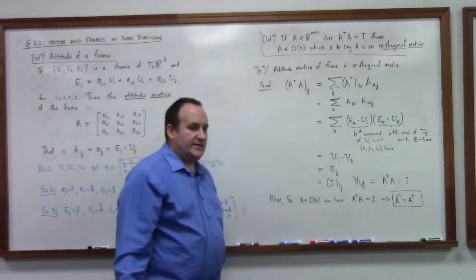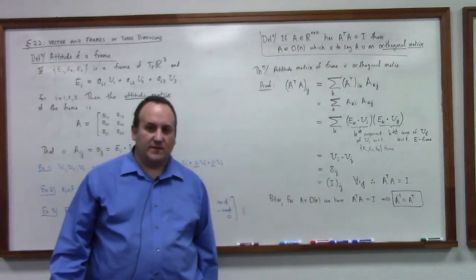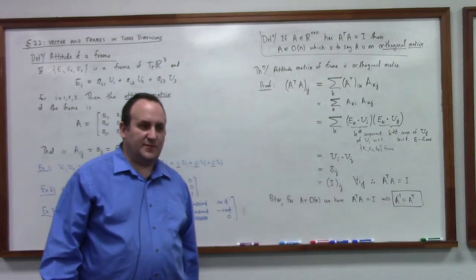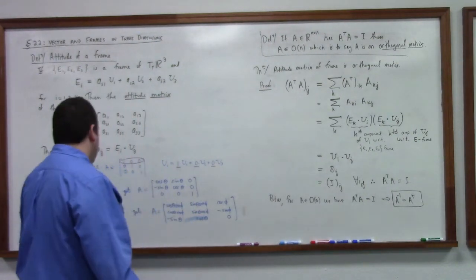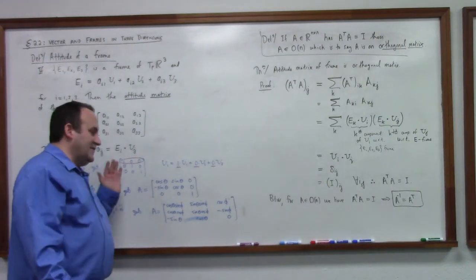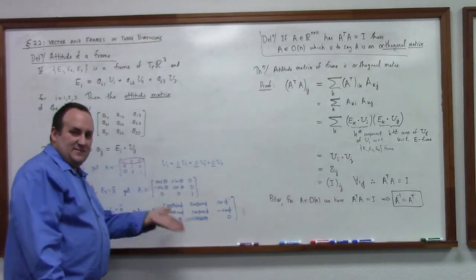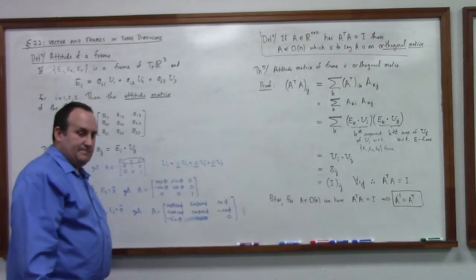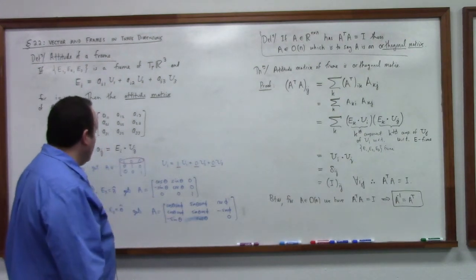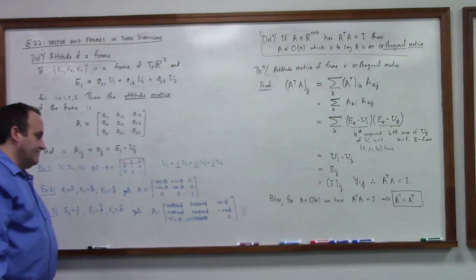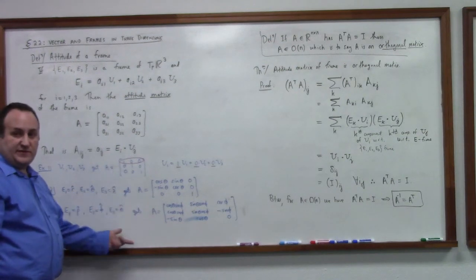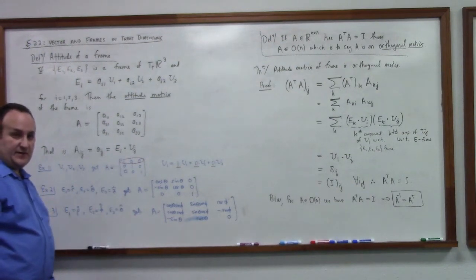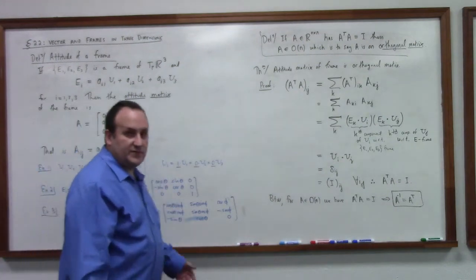Which is super nice because inverting a matrix is generally a pain, but transposing a matrix is easy. So the inverse of these matrices is just formed by transposing. You could try multiplying any one of these matrices times its transpose. You should get back the identity matrix. That's what this theorem proves.